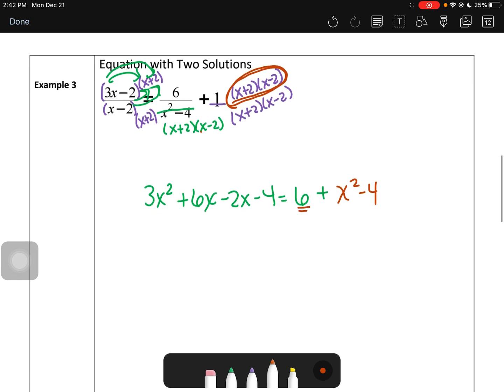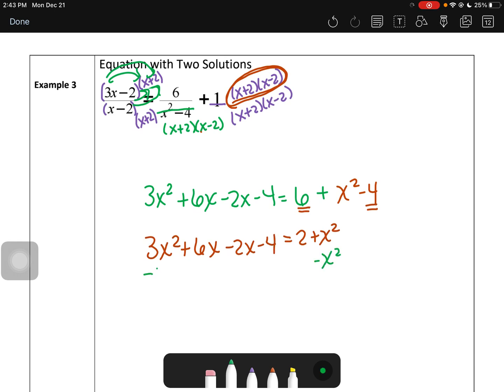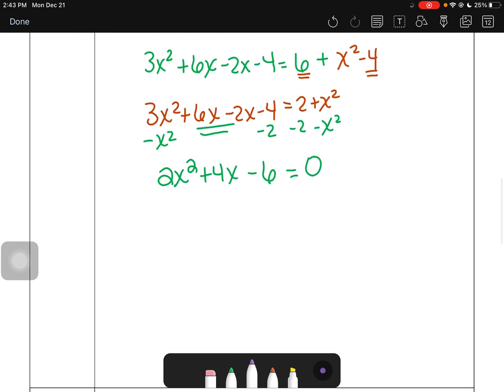So we are going to combine these two together. And then we're going to subtract x squared from both sides. And we're going to subtract 2. So we have 2x squared, combining like terms, plus 4x minus 6 equals 0.